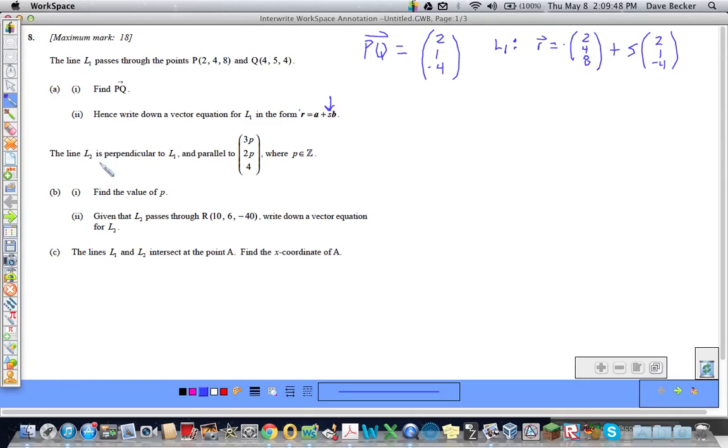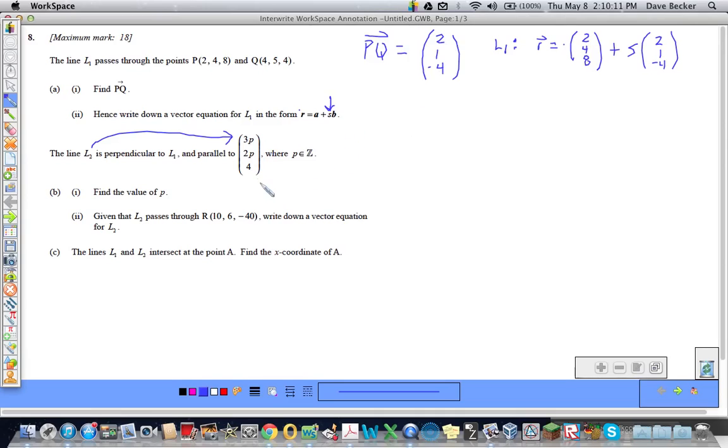Okay. Line L2 is perpendicular to L1 and parallel to this. So line L2 is parallel to this, and p is an element of the integers. Find the value of p. Well, if they're perpendicular, then the dot product of their direction vectors is 0. So we would take the dot product of this and (2, 1, negative 4).